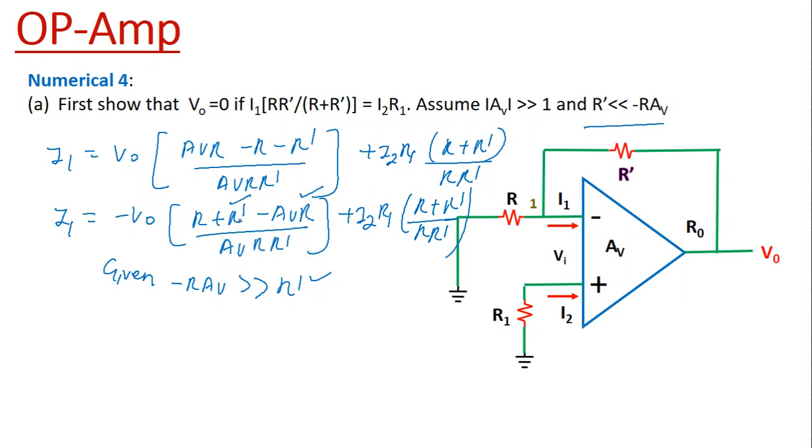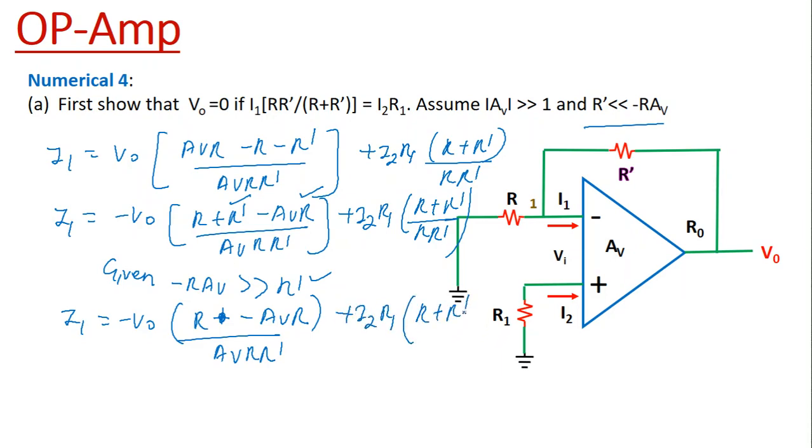So when we neglect this, we get I1 is equal to minus of VO R plus, this will be R minus AV into R divided by AV R into R dash. This we will get plus I2 R1 into R plus R dash divided by R dash.